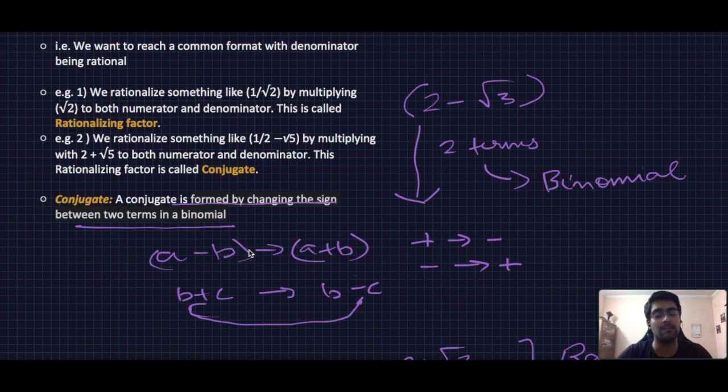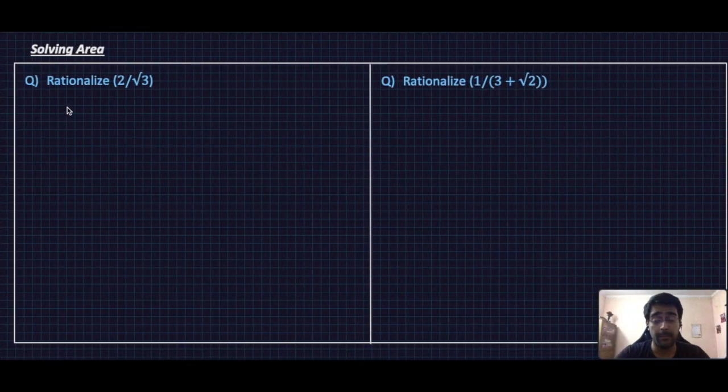If it's b plus c, it becomes b minus c, right? The sign changes, and that's how you make the conjugate. Now, in this segment, we'll be solving two questions: one showing the rationalization factor we discussed, and the other one using the conjugate. So we'll see how to solve both kinds of questions.